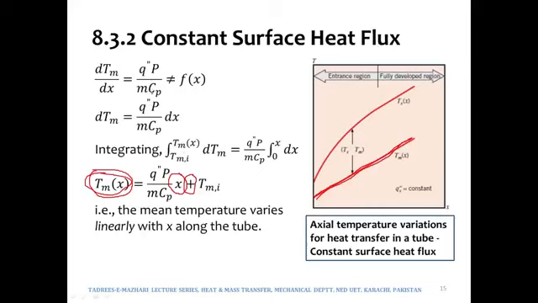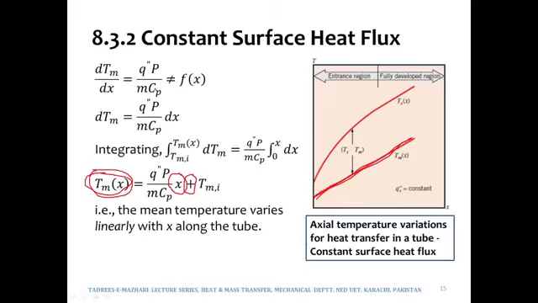Over here, as I was telling you earlier, the perimeter of course would have some constant value, mass flow would also have some constant value, and cp of water or air or whatever it is would have a constant value over a certain temperature range.